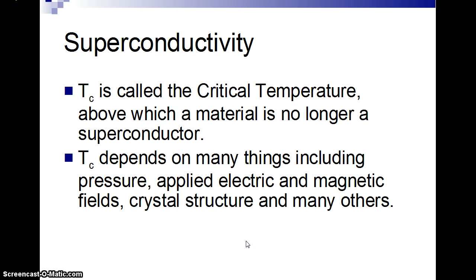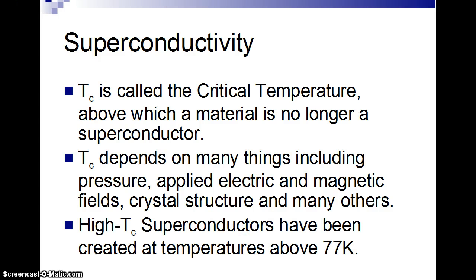There's a lot of interesting properties of it that I don't really want to get into at this point, but just know they're out there. Most superconductors only become superconductors at very, very cold temperatures. So-called high TC superconductors are ones that are above 77 Kelvin. The reason that's useful is that's the temperature of liquid nitrogen, and liquid nitrogen, while you don't usually get it in most places, is actually fairly cheap and easy to use.